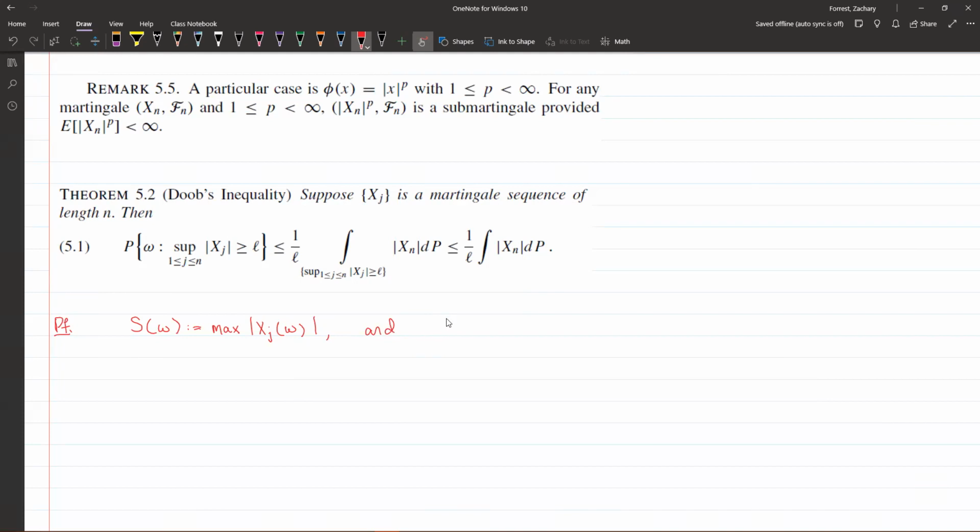When I say the set of omega such that the supremum or the maximum, it doesn't really matter, of the absolute value of X_j of omega, of course, I'm really talking about the set where S is greater than or equal to L, like that.